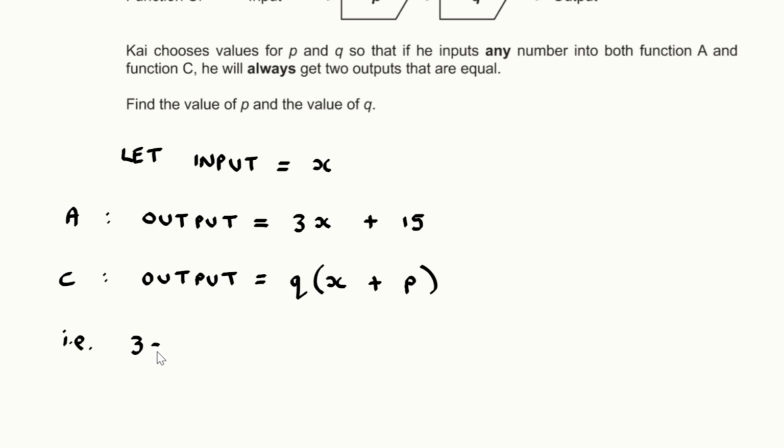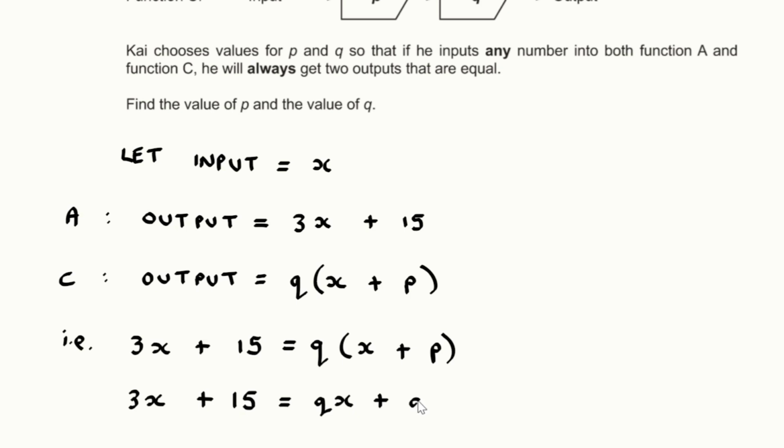Now, we know that these two are equal, so we've got 3x plus 15 equaling q lots of x plus p. So I've got 3x plus 15 equals qx plus q plus pq.